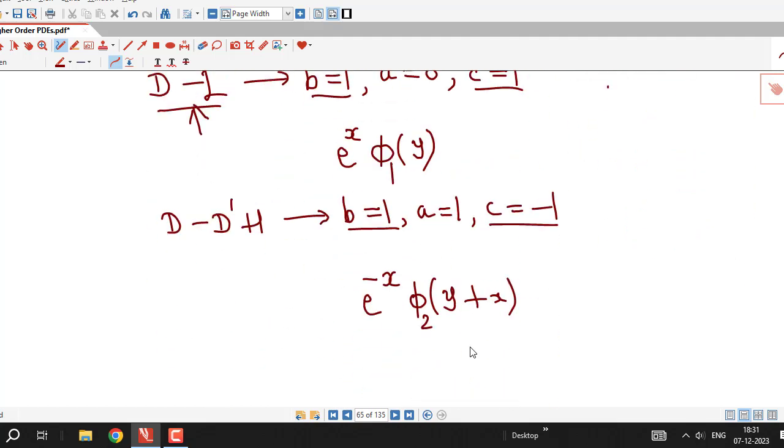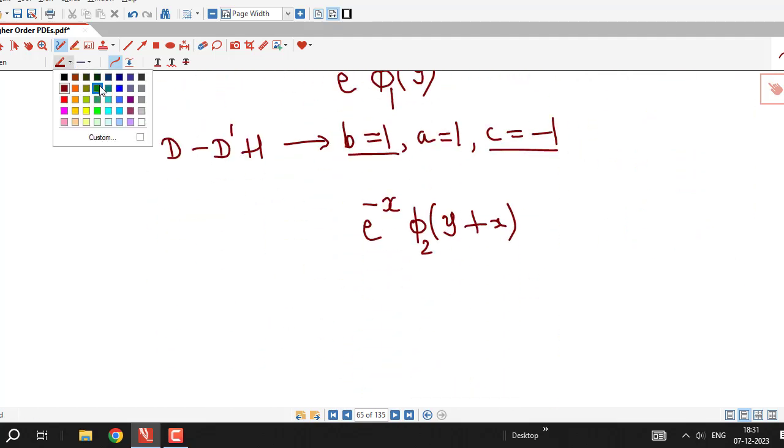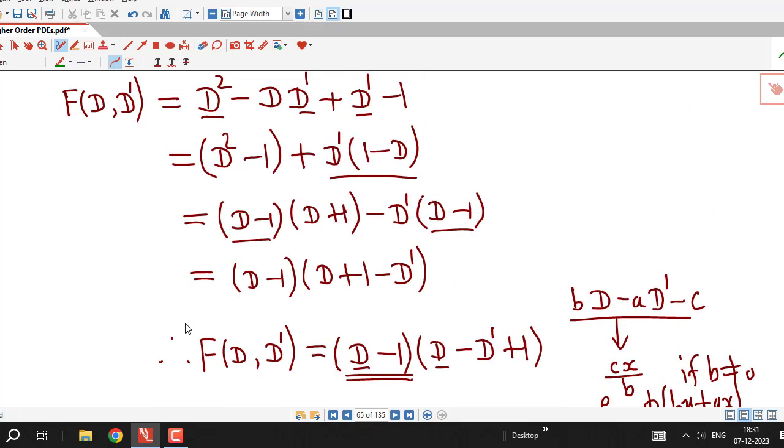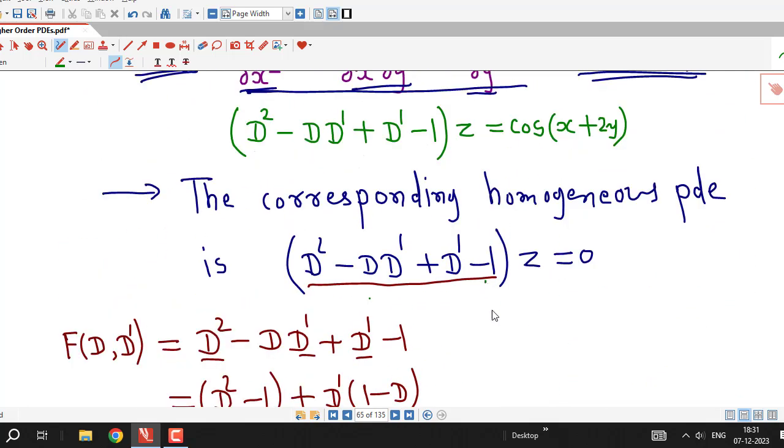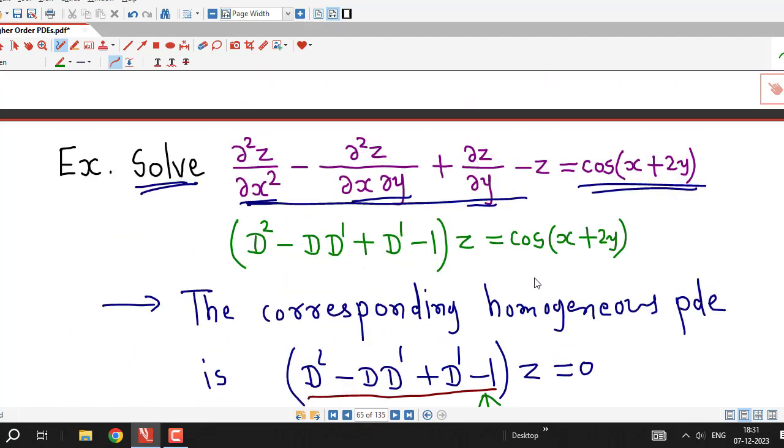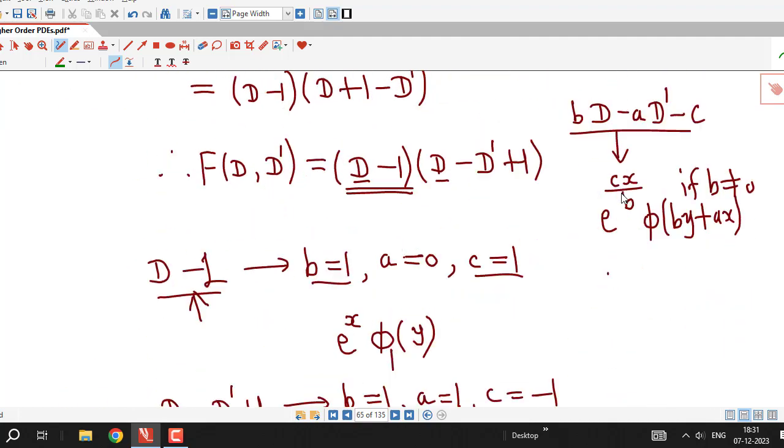So we can consider addition of these two, and we can write down the general solution of this homogeneous differential equation. And we know that general solution of this homogeneous differential equation is called complementary function of given non-homogeneous equation.